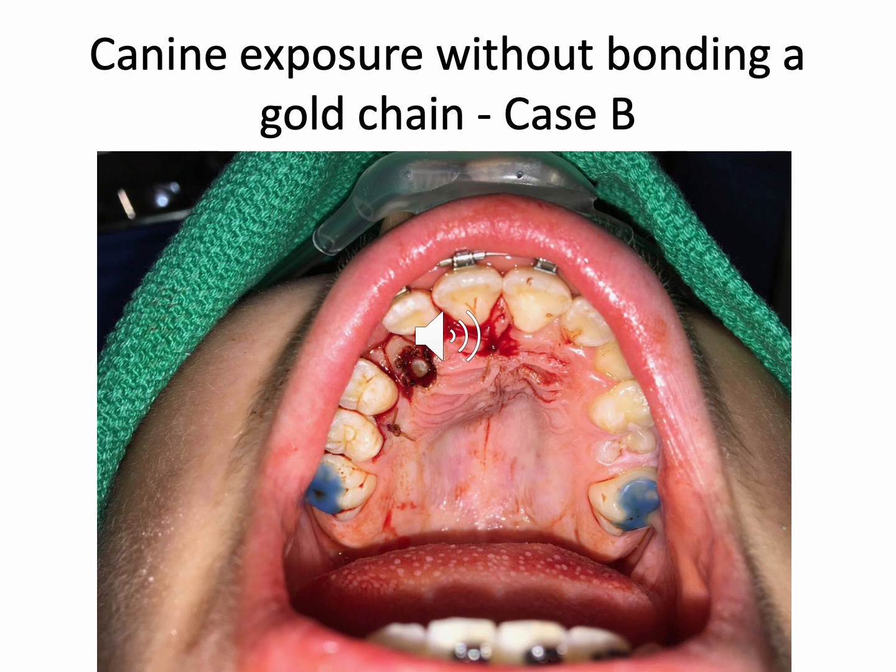Here's another example of a canine that was simply exposed but not bonded with a gold chain, in hopes that it would heal in such a fashion that it would either spontaneously erupt or, more likely, just give the orthodontist access to put an attachment on it later after the soft tissue healed.